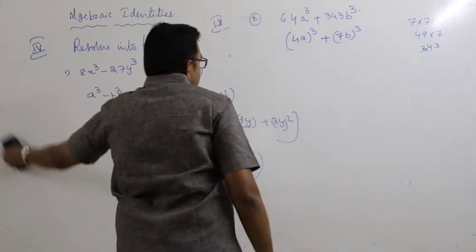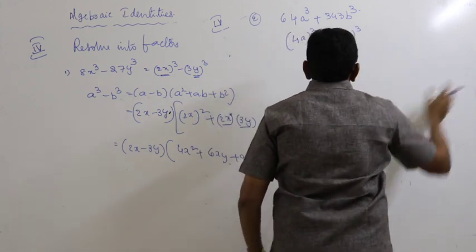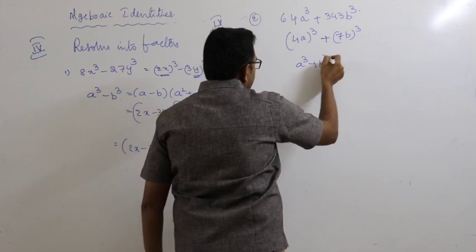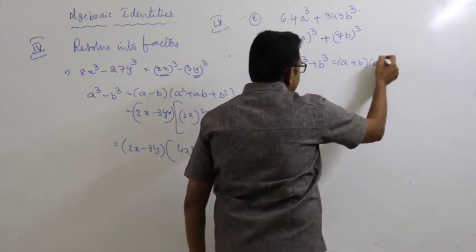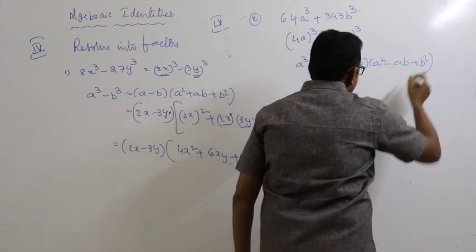So this is again a cube plus b cube formula. This is a cube plus b cube is equal to a plus b into a square minus ab plus b square.